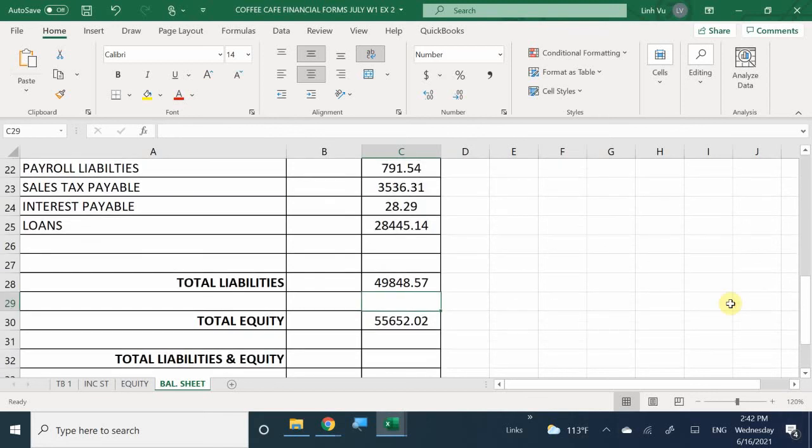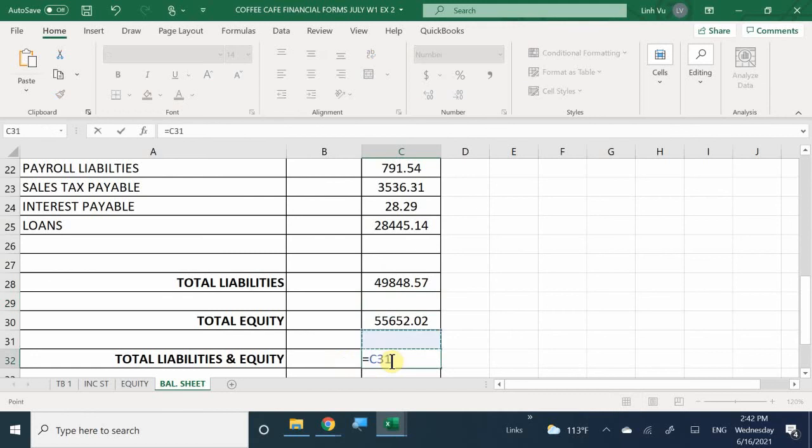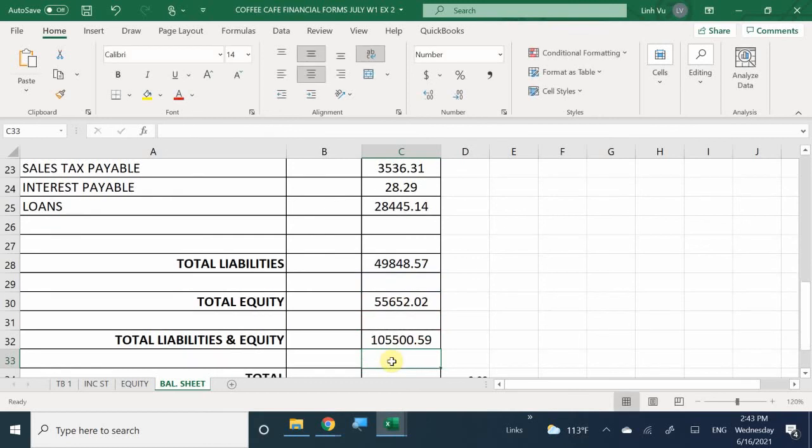Okay. So then what's the total liabilities and the total equity? $105,559.